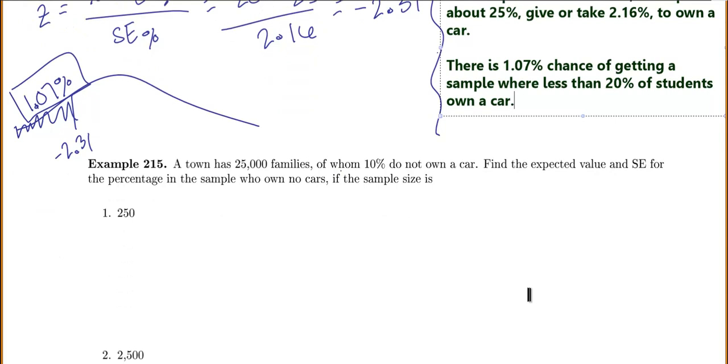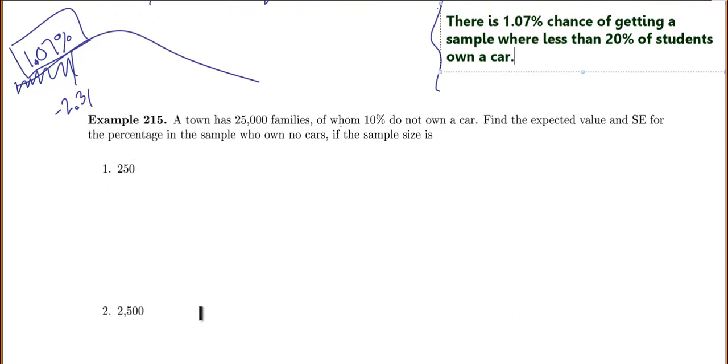Okay, our next example is going to teach us a very important concept. So for example, 215, a town has 25,000 families, of whom 10% do not own a car. Find the expected value and standard error for the percentage in the sample who own no cars if the sample size is, and so we're going to do this for all the different sample sizes.